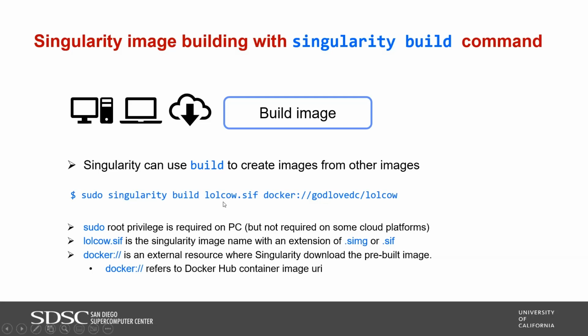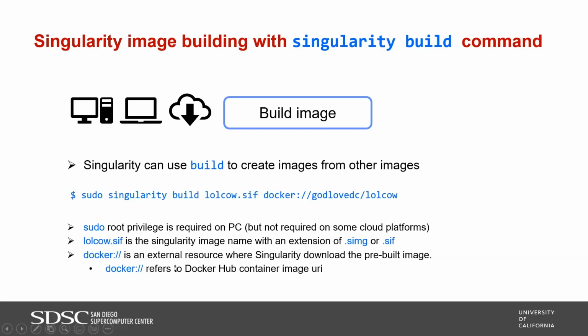In this singularity build command, we also specify the source of the image we are going to use. We can see that it's docker, colon, slash slash, a username, and then slash the image name.